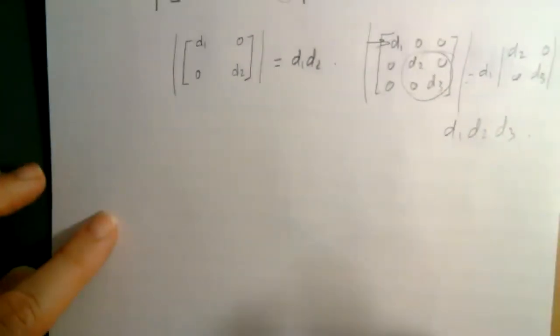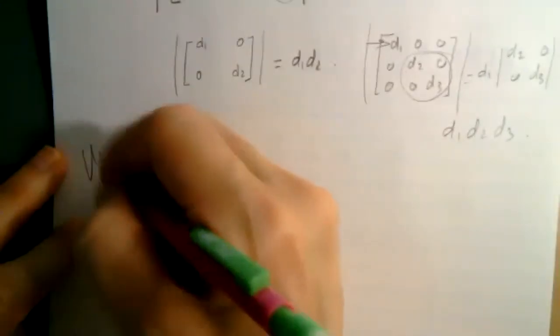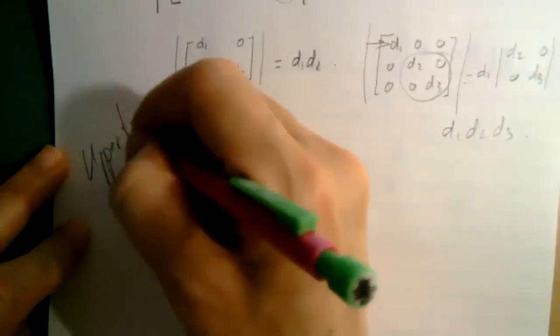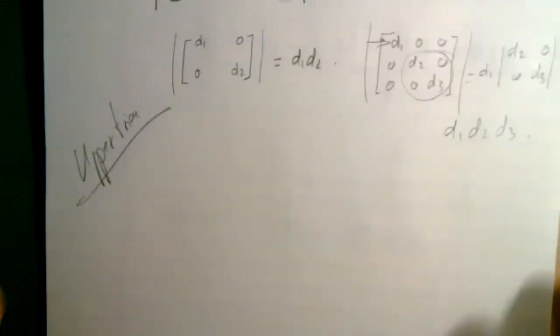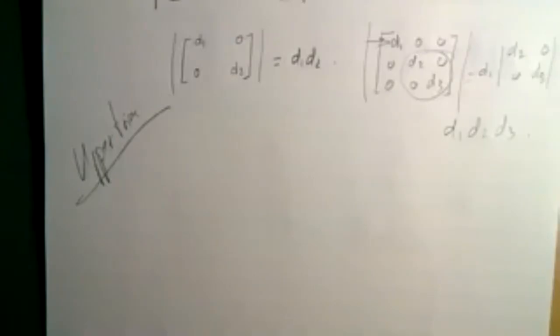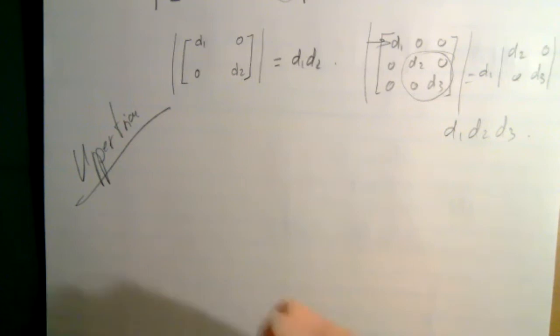All right. The other special type of matrices is what we're going to call the upper triangular matrix. Now, what's an upper triangular matrix? It is a matrix where all the terms below the diagonal are zeros.